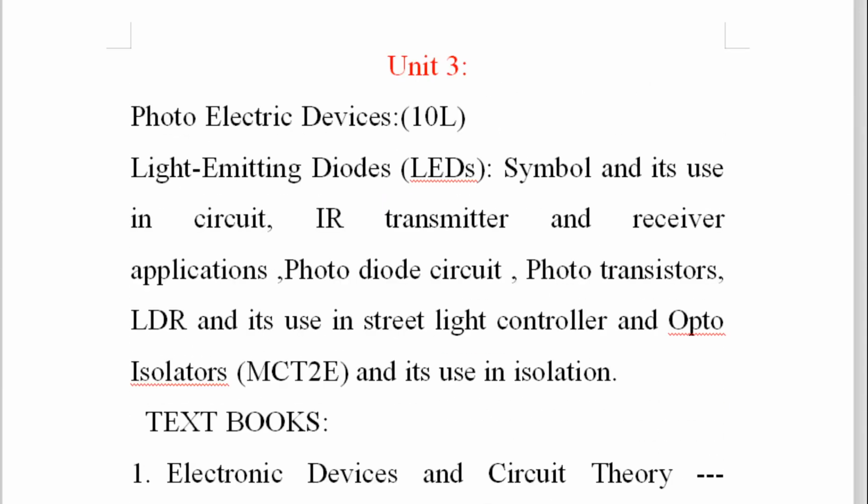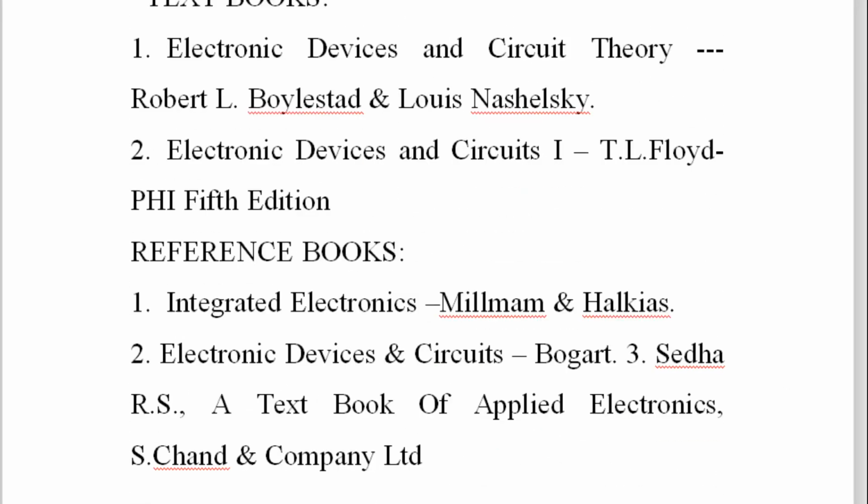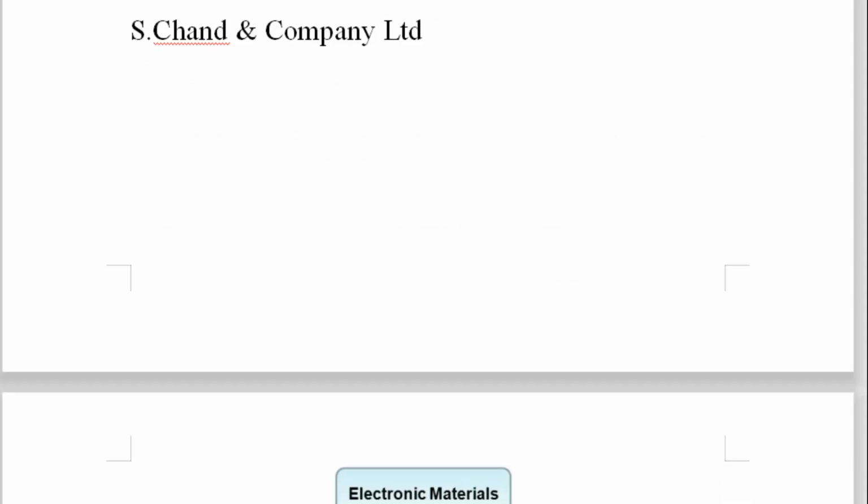Unit number 3 includes the light emitting diode, its symbol and use in circuits, and other devices. Just go through the Savitribai Phule Pune University syllabus, and you will understand that there are many things to be studied.